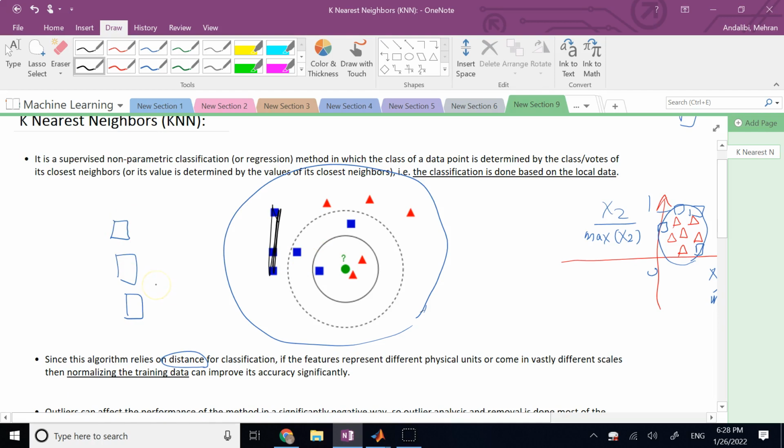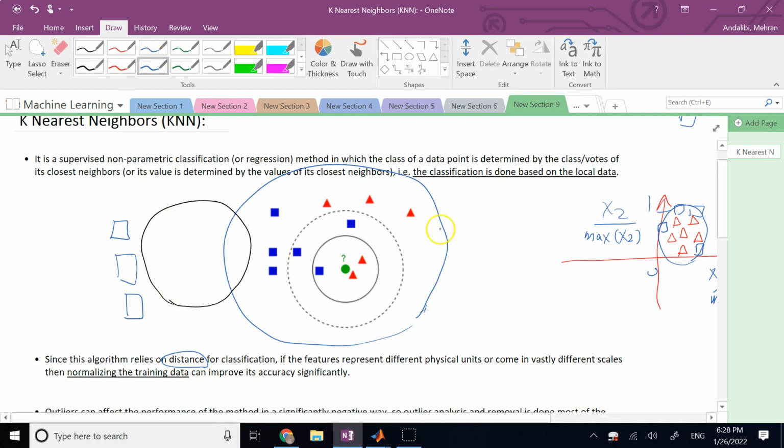Because they are outliers. Now, of course, when you come close to this region, it's only the outliers that have all to say, and the rest of the data have no say. So that's the worst part, actually, as long as you are close to this region of the data.